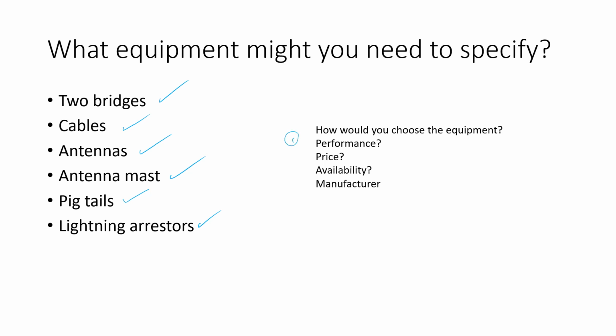You want to make sure that the equipment you use does the job, but price will have an influence. Availability may be very important, and it may be that the manufacturer is very important. There are some customers who are very fussy about the equipment that they have installed on their premises, and it may all have to come from the same vendor, so you may be restricted.